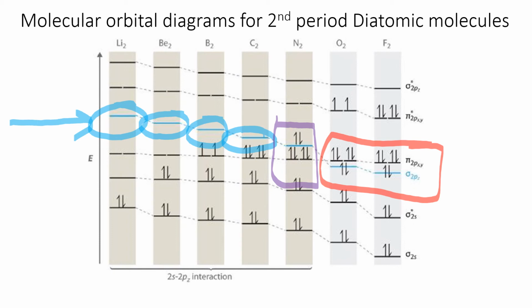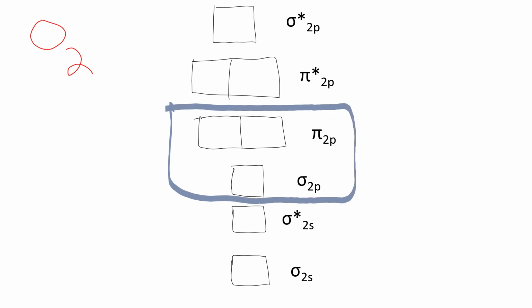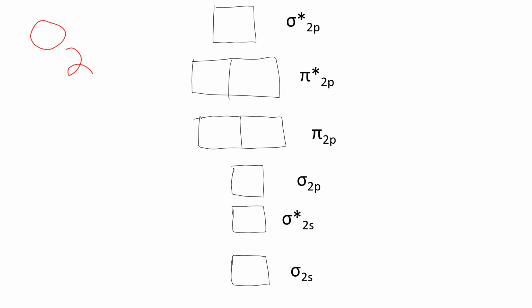Once you get to O2, there's a new pattern. So now we're at O2, and notice that change that's happened. Now we have the sigma 2p lower in energy than that pi 2p. Once you make that change in the ordering of the orbitals, everything else still works exactly the same.